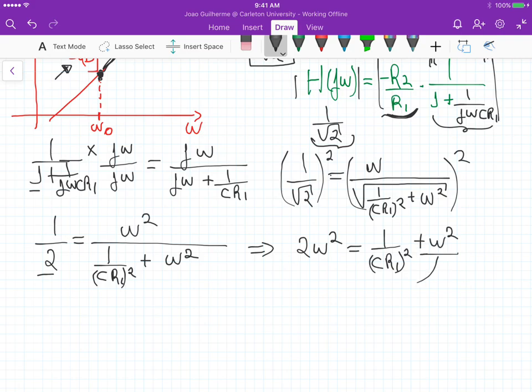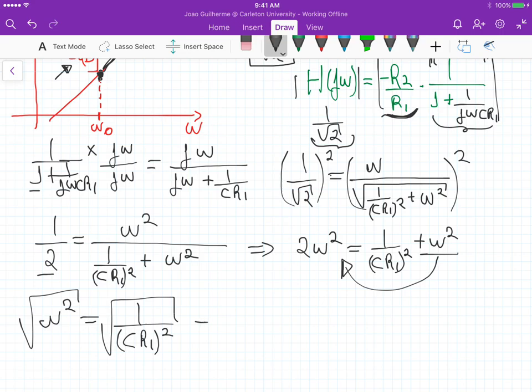Now if we take this one and put it on the left hand side, we get 2 omega squared minus omega squared, so it gives us omega squared equals (1 over CR1) squared. And if we take the square root of both sides, we get omega, and we can call it omega naught because that's a particular frequency of our system, that equals 1 over CR1.